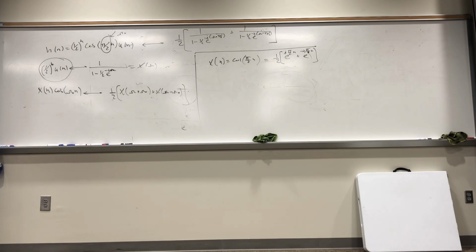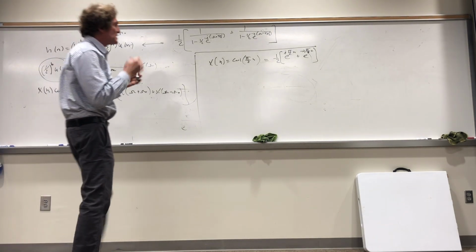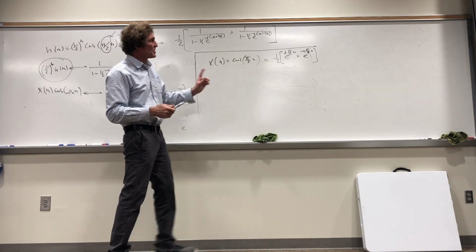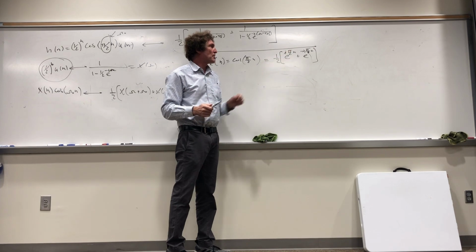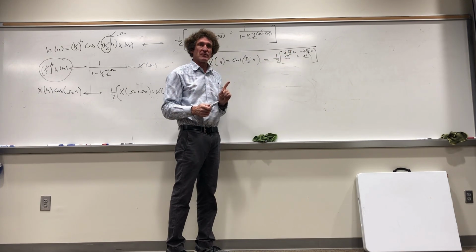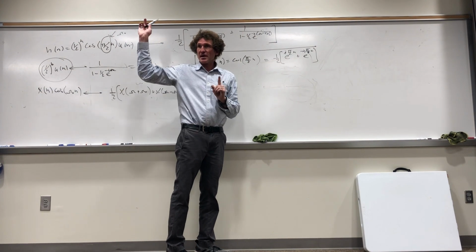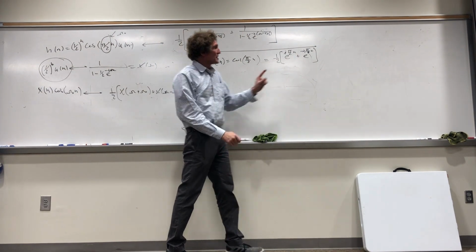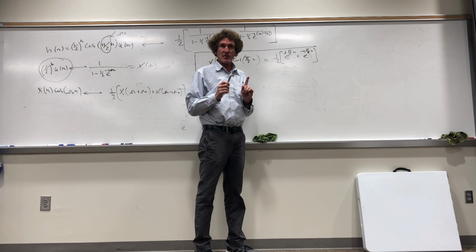Anytime you have an H of omega, that is a filter characteristic. But if you have a continuous frequency, and if you look at this, isn't e to the j pi over 2 n only at one frequency? It's at positive pi over 2. How many see that? Here, this is at minus pi over 2. Do you agree with me?